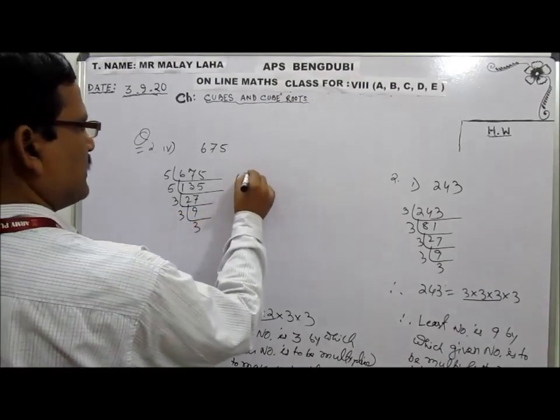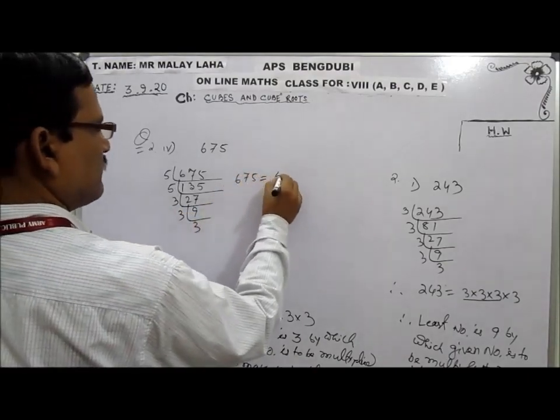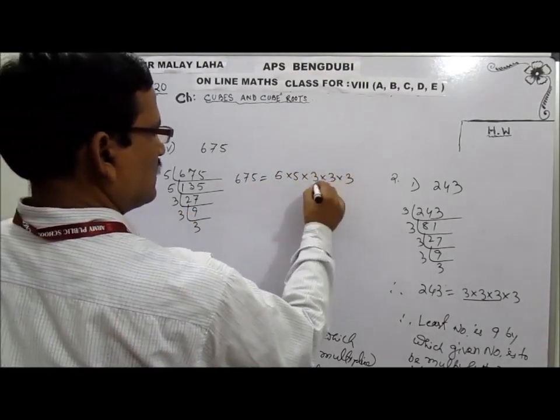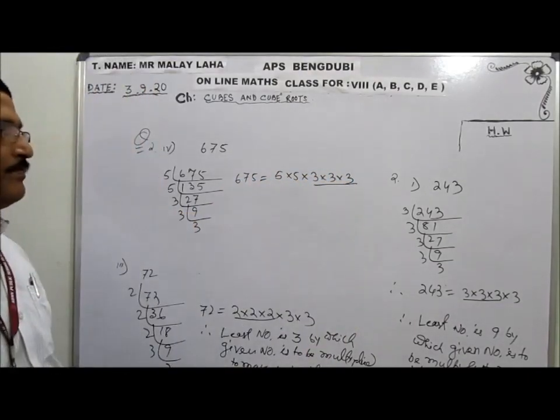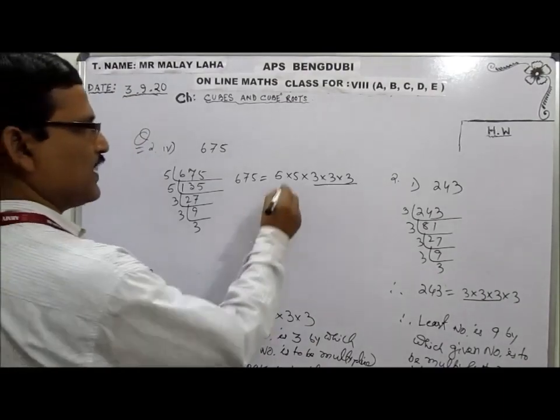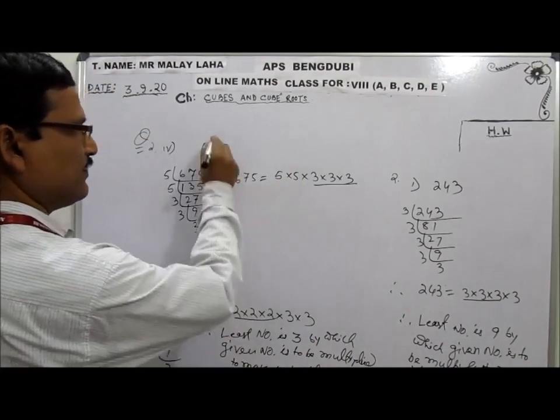So 675 can be written as 5 into 5, 3 into 3 into 3. So we have a group of 3 common factors, but not the 5. So I need one more 5 to make it a perfect cube number.